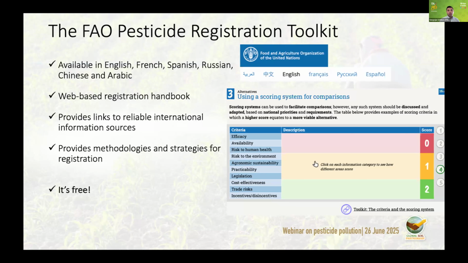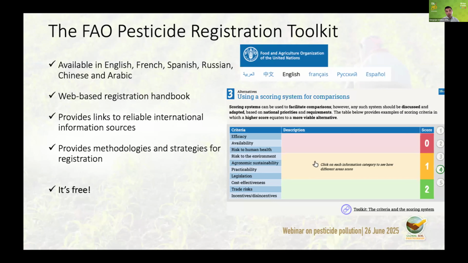All toolkits provide information from reliable sources like OECD databases, ECHA databases, and US EPA databases. So it's all proven and reliable sources that the toolkit was built on. It provides methodologies and strategies for registration, navigating you through the testing methods that you need to consider in order to register your pesticides.